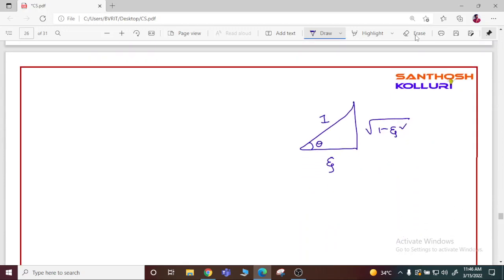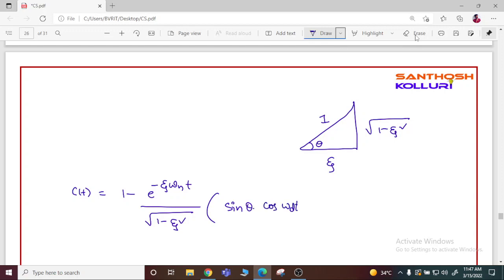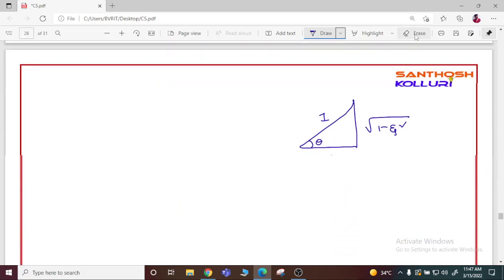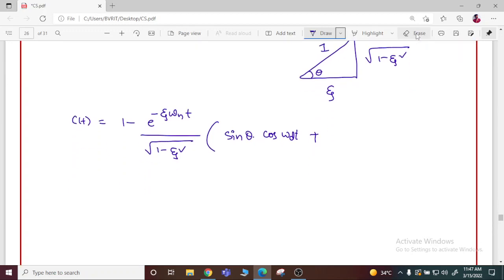So in the above equation C of t can be written as 1 minus e power of minus zeta omega n t divided by root of 1 minus zeta square, into sin theta cos omega d t plus cos theta sin omega d t.